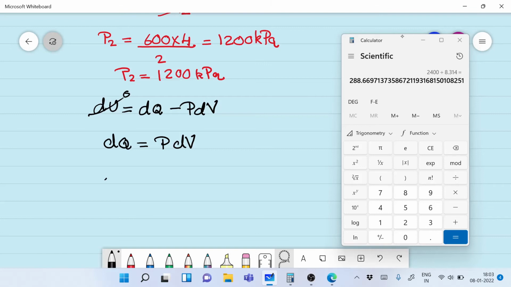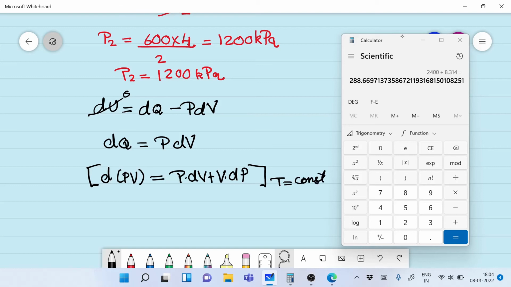We can write d(PV) is equal to P into dV plus V into dP. Now we can write this only for a constant temperature. Why? Because PV is equal to nRT, and if nRT is a constant, PV is a constant.